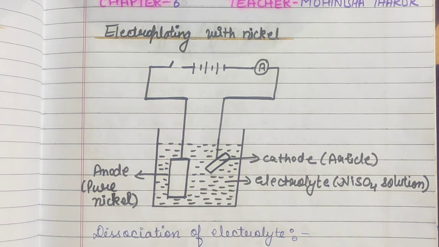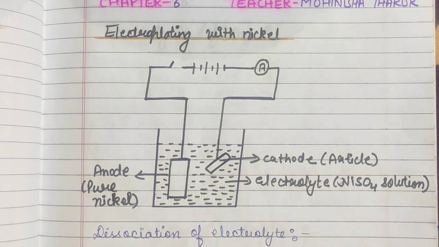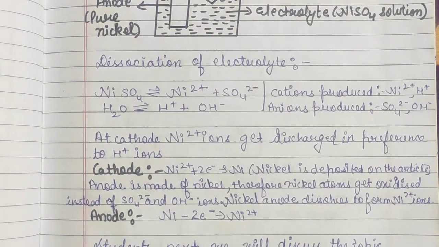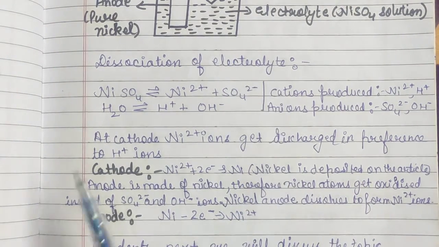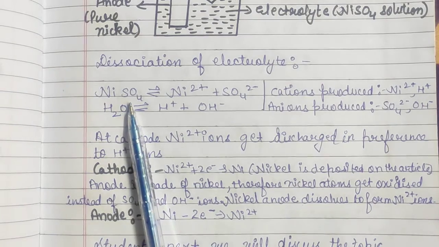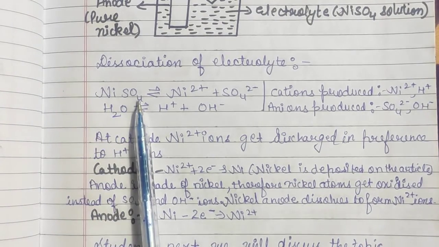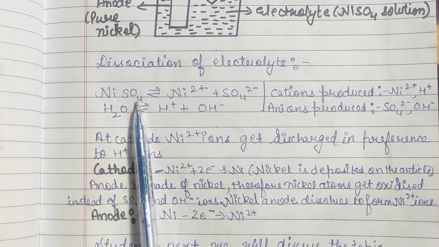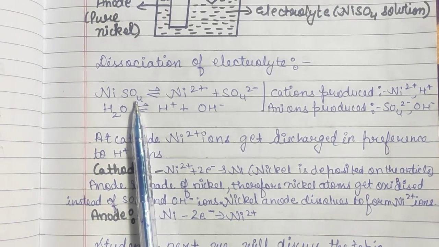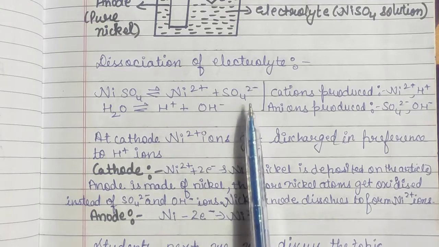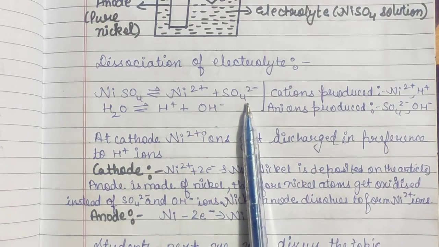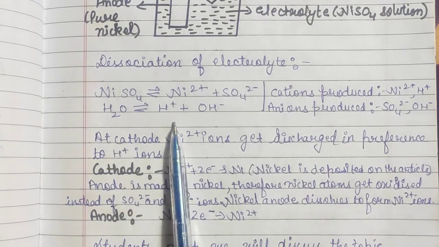So what would be its dissociation, as you already know? It is similar to what we have discussed earlier, the dissociation of electrolytes. Firstly we will do the dissociation of electrolytes. So NiSO4 is the electrolyte here, so it will dissociate into Ni2+ and SO4 2-, whereas water dissociates into H+ and OH-.